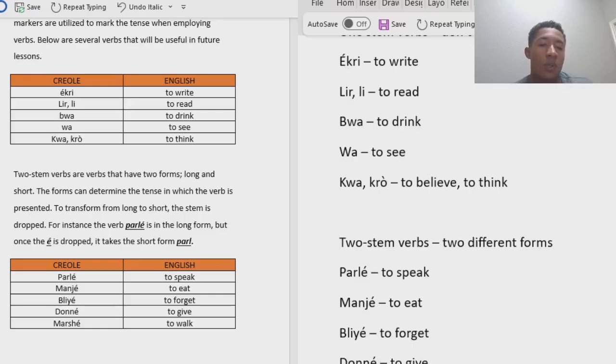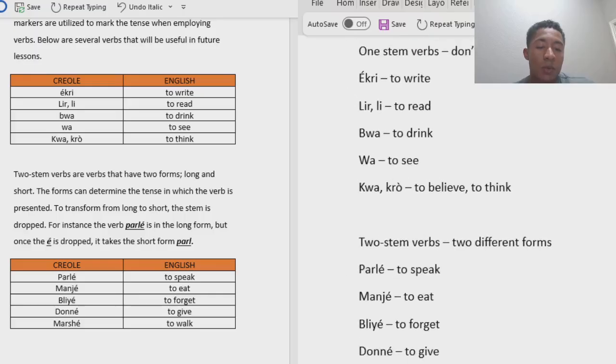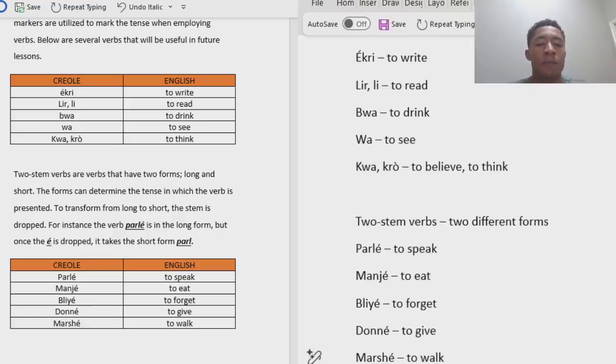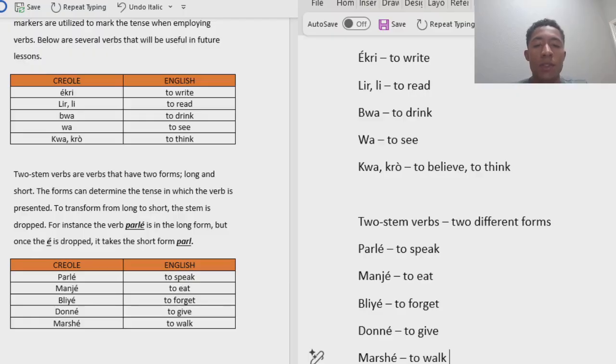Now, what's something that you notice about the 1 stem and the 2 stem verbs? What do they end with? So what I can say is a lot of times the two-stem verbs end with the sound é at the end.